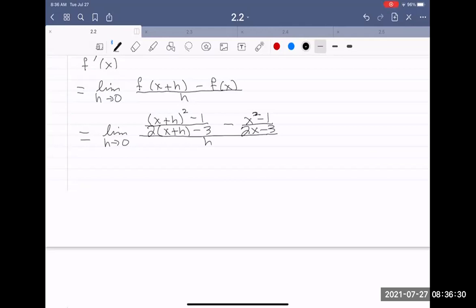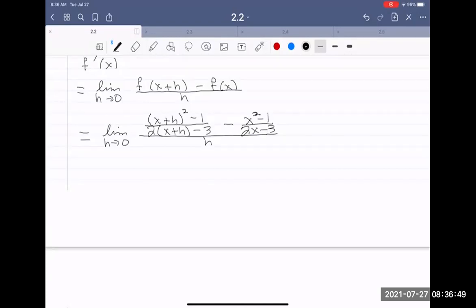And now let me simplify this. I guess in this case, I want to get rid of denominators.